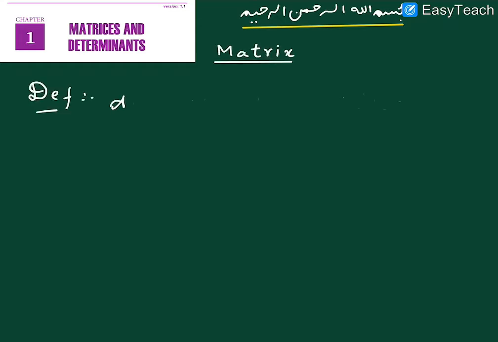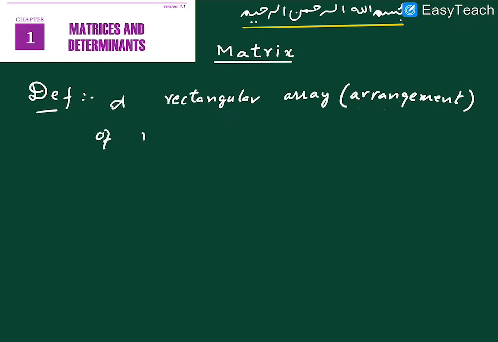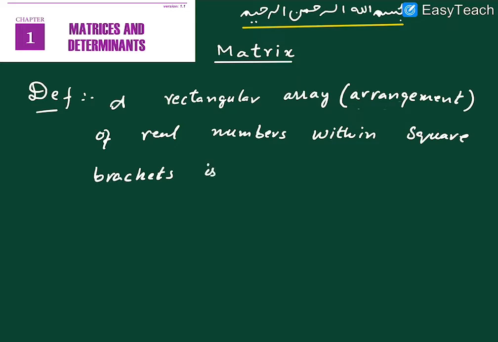You can say a rectangular arrangement, a rectangular array or arrangement of real numbers within square brackets is known as a matrix, is called a matrix.